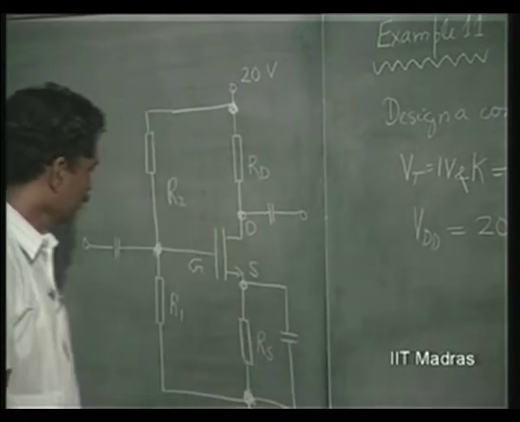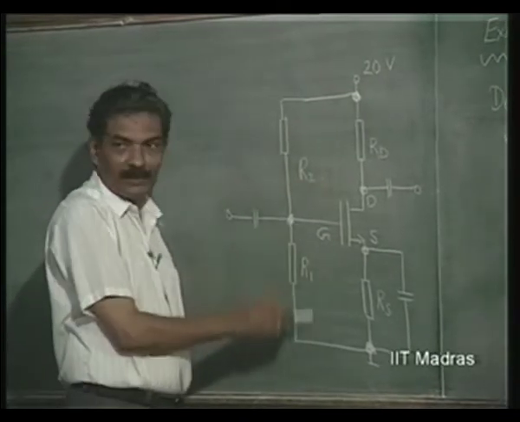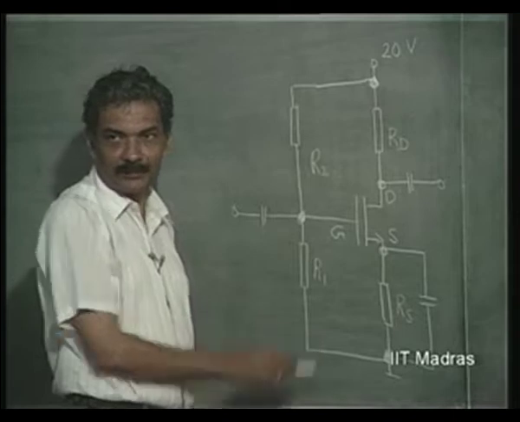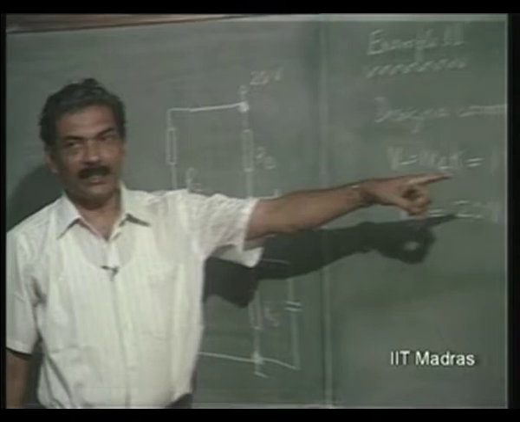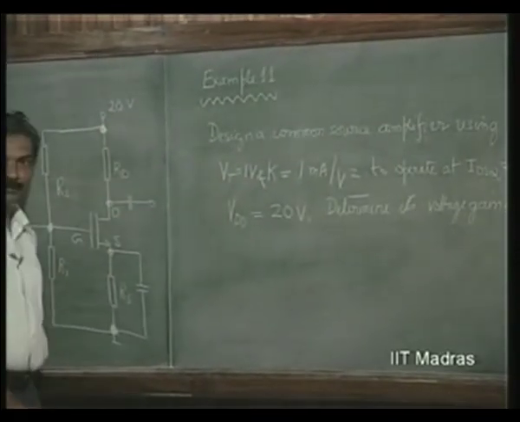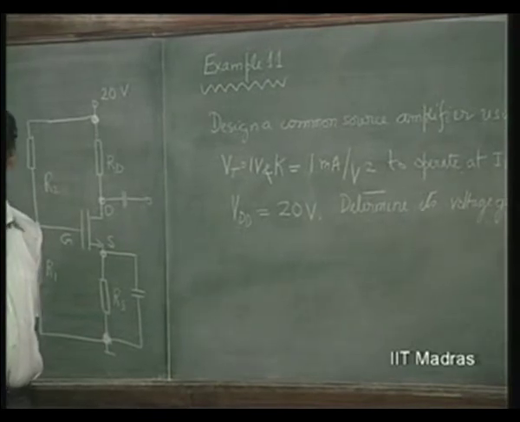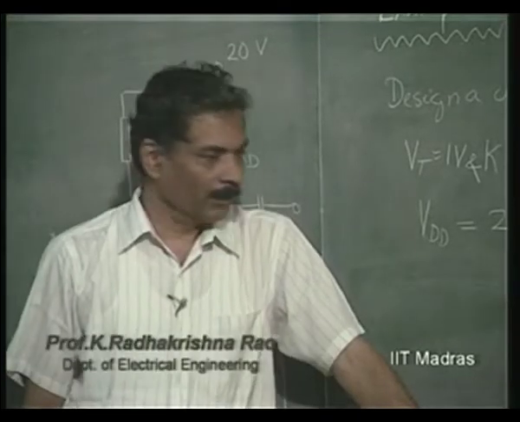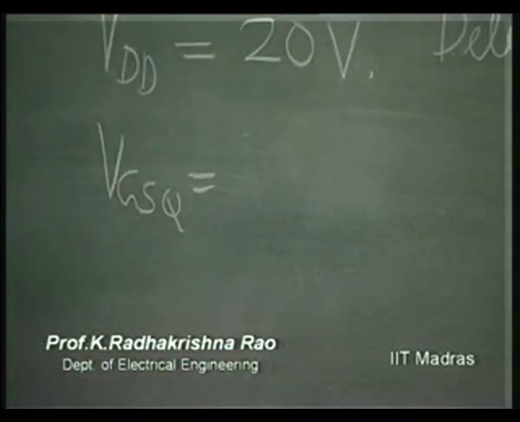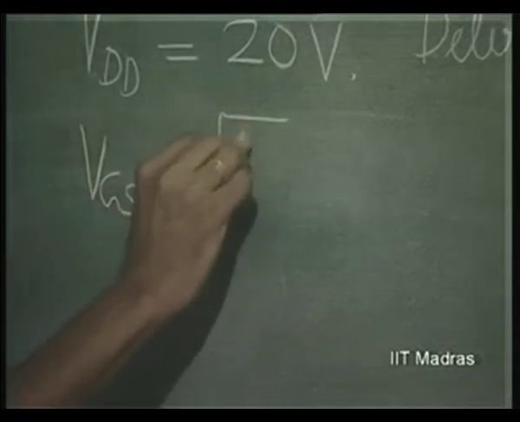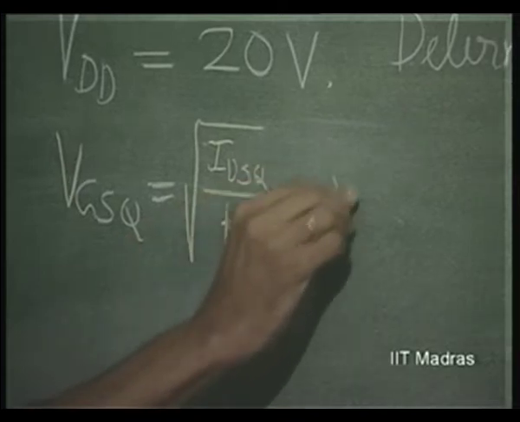We know that we are going to use this VDD of 20 volts in order to derive whatever VGSQ that is required for this. It is required to operate this at a current of 1 milliampere, and K is 1 milliampere per volt square. So VGSQ equals root of IDSQ by K plus VT.